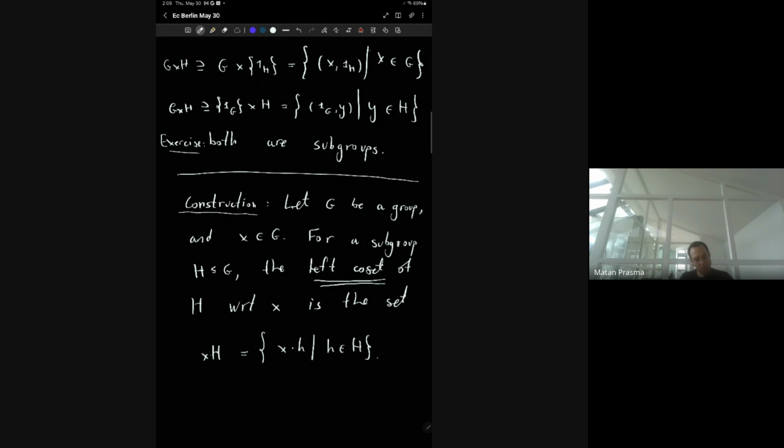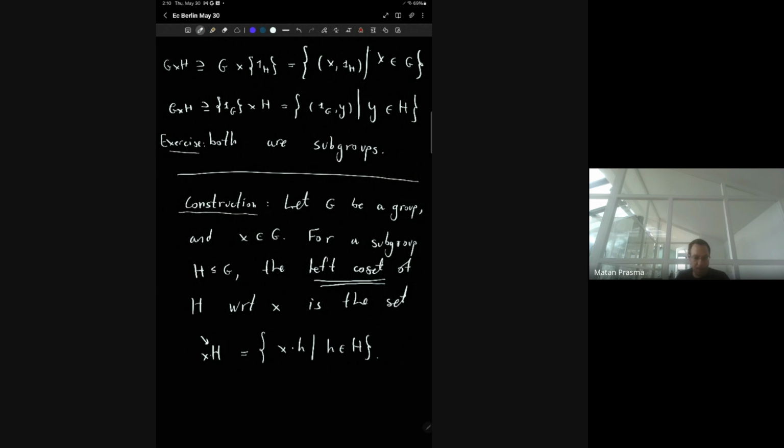Sometimes this is denoted like x dot H. So what we do here with cosets, we kind of abuse notation, and we use the binary operation dot to be an operation between an element and a subset.